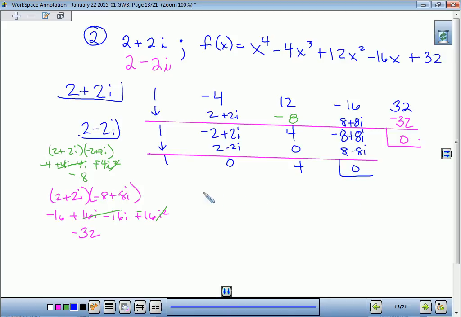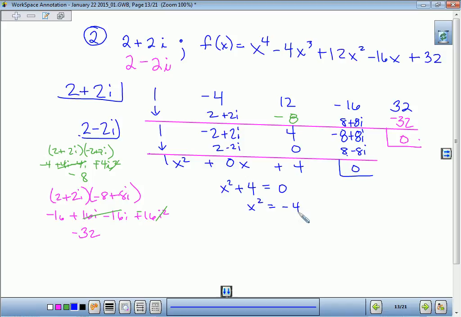So what I'm left with is x squared plus 4. Yeah, because if I work my way backwards, that's where the x is, and that's the x squared. Okay. So I'm left with x squared plus 4. So to find the other 2 zeros, because here's 2, the other 2, I'm going to have to solve this.